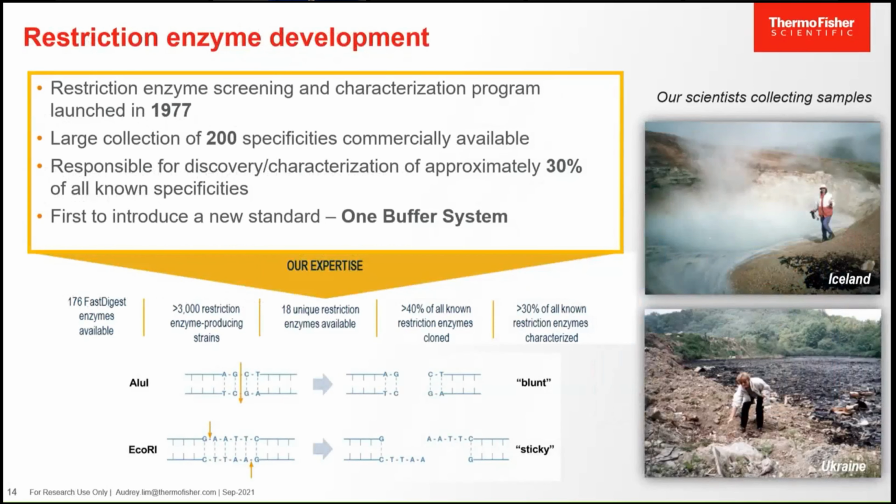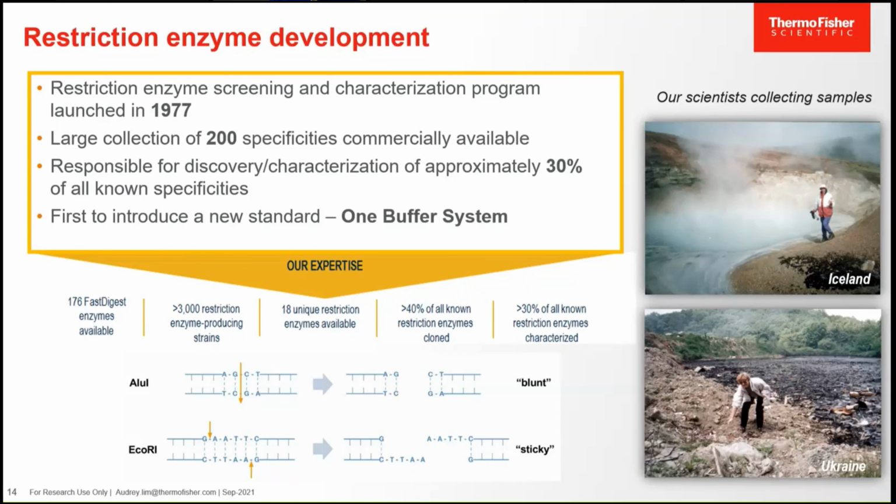Here is the Thermo Scientific history of restriction enzyme development. In 1977, we launched a screening and characterization program. In this program, our scientists collect samples from various locations, such as soil and water, and take them back to the lab to grow the bacteria from these samples.